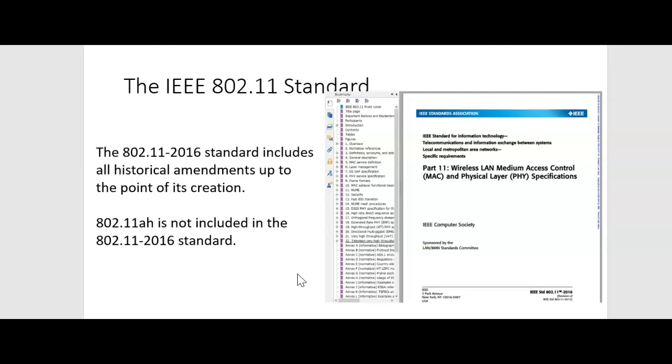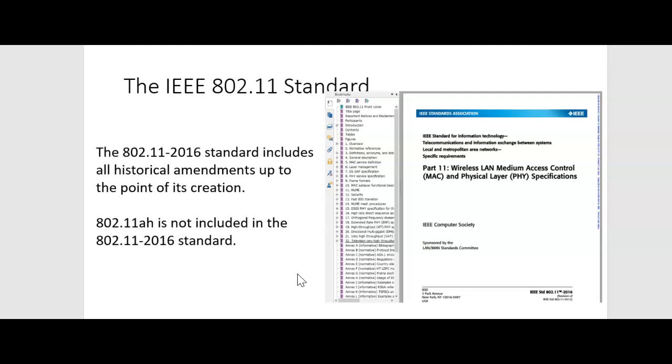Now, the amendment 802.11ah is not included in the standard, even though the timing is about right. But you will probably see it on the certification exam, which covers 802.11-2016 and the 802.11ah amendment.